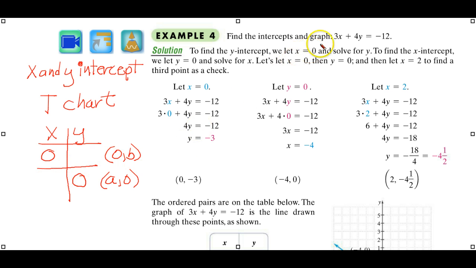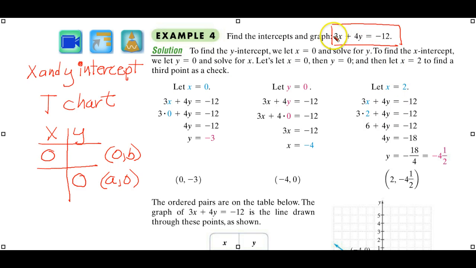Now a very typical equation, which is this one here in standard form. Now this t-chart works very well when the equation is in standard form. Why is that? Well, we'll see right now. So we're saying x is 0 here.